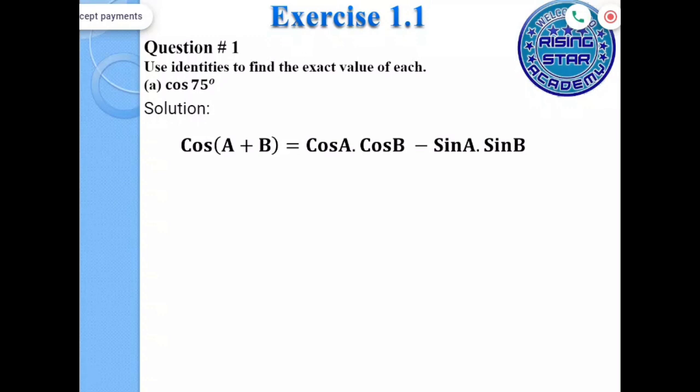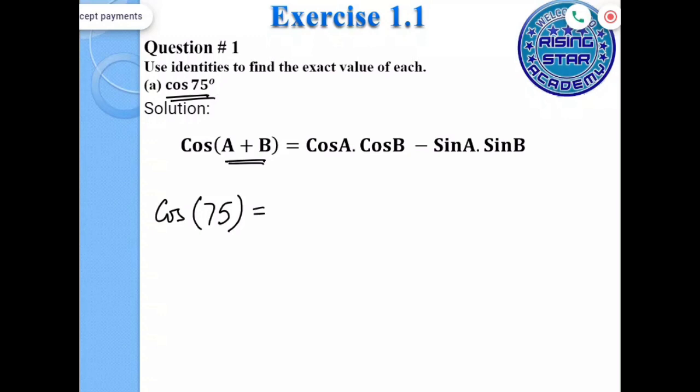For this question, we will use the identity cos of a plus b is equal to cos of a into cos of b minus sine of a into sine of b. So first of all, we will break this function into two parts. We will write cos of, so 75 can be broken down into 30, 45 and 60.